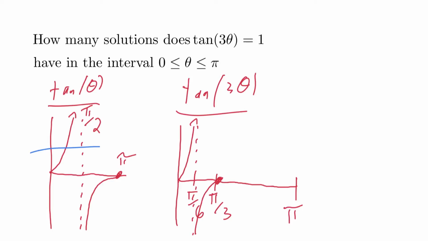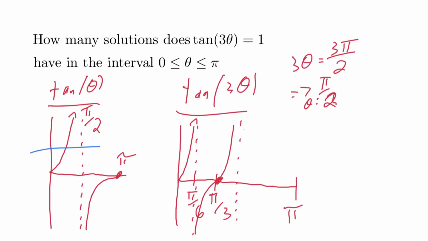And then I'm going to have another asymptote at where? So let's see. Here's where the next asymptote will be, and I'll have another one.